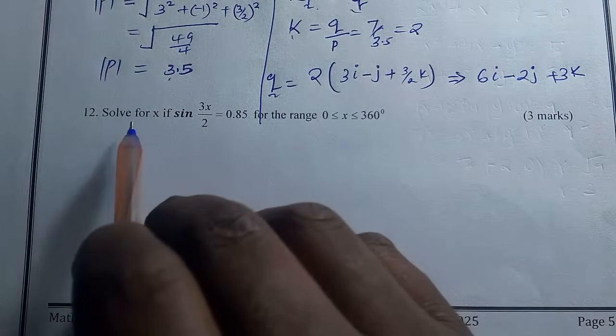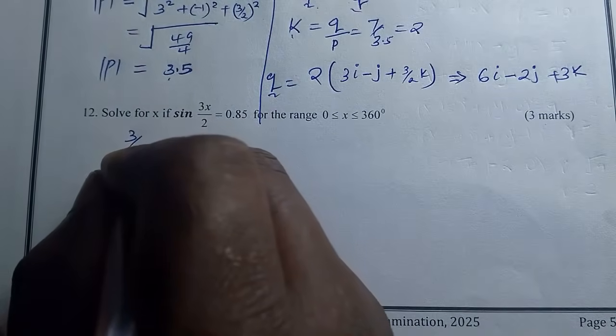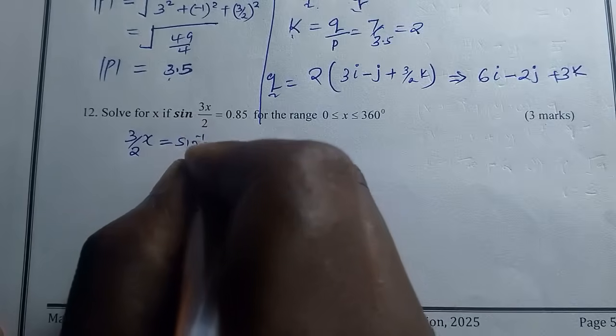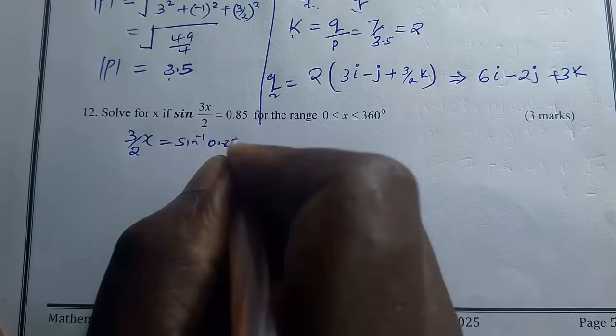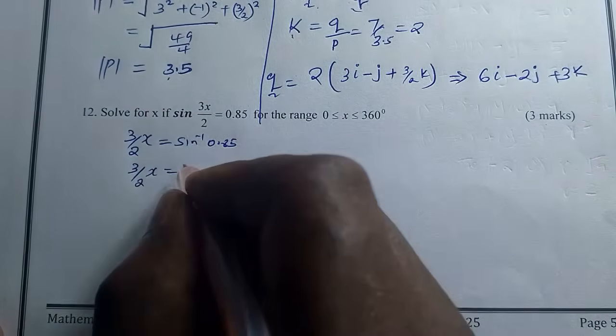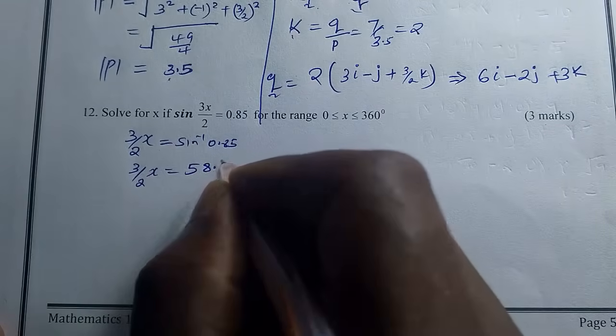Solve for x in this. So 3 over 2x equals sine inverse 0.85. Let's get the angle. So 3 over 2x equals 58.21.